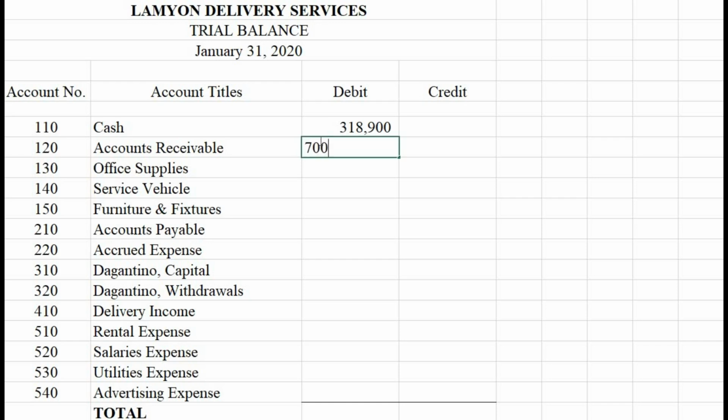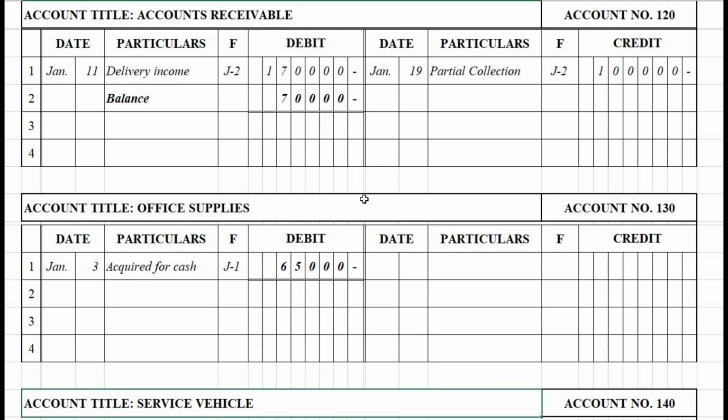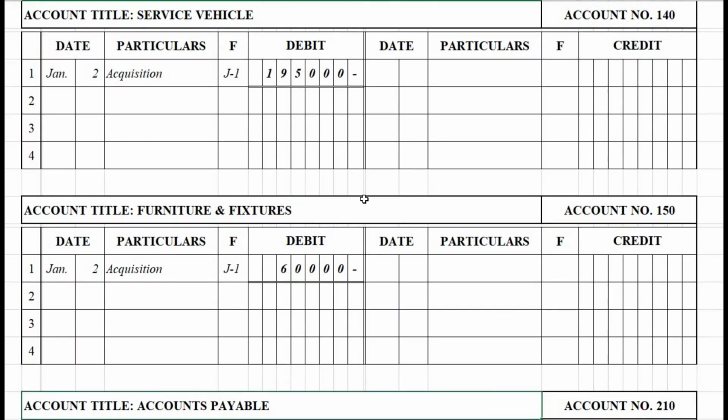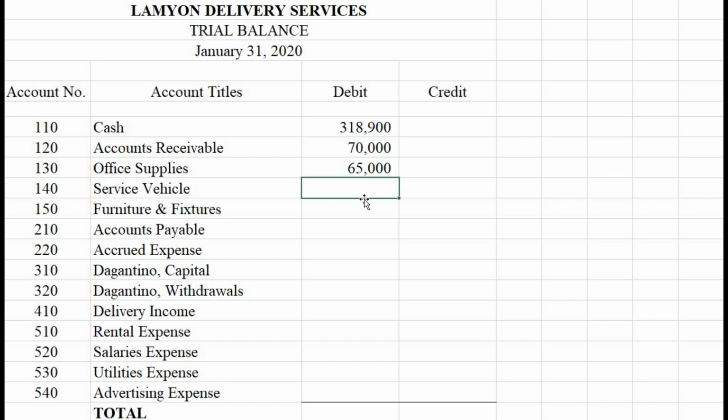So that's 70,000. Okay? Then your office supplies amount to 65,000, if I'm not mistaken. Correct. Then our service vehicle is 195,000. Then our furniture and fixtures is 60,000.